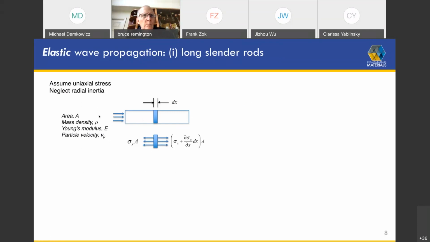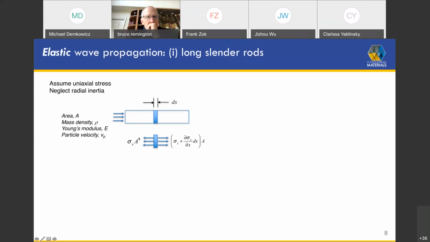Okay? We recognize that when we apply a stress in this direction, the x direction, horizontal, we get a corresponding Poisson strain in the transverse direction. We neglect the inertia associated with that Poisson strain. So we have a uniaxial stress propagating along the rod, and we analyze some incremental volume of thickness dx of area A. And so we set up the usual force balance here.